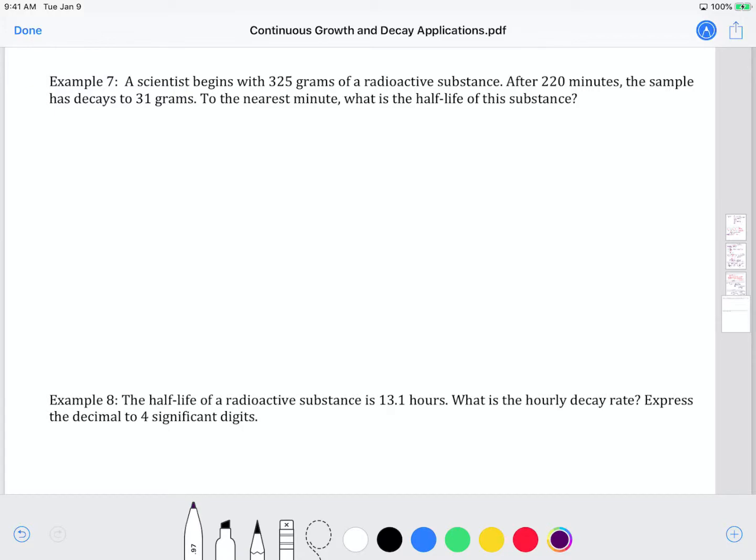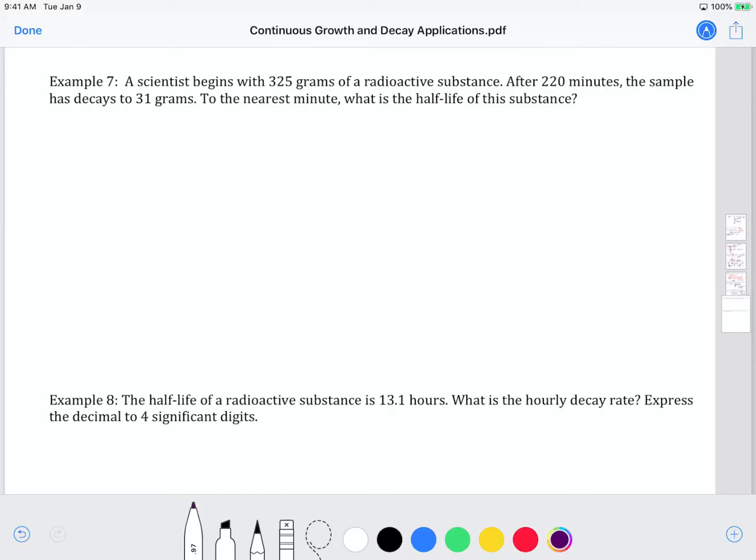Example 7 says, a scientist begins with 325 grams of radioactive substance. After 220 minutes, the sample has decayed to 31 grams. To the nearest minute, what is the half-life of this substance? Okay, so now it's asking for the half-life. So now we're looking for the time it takes to decay to half of what it started with.